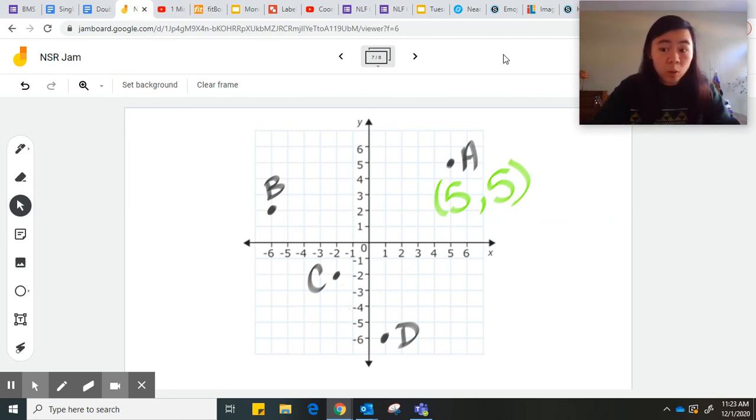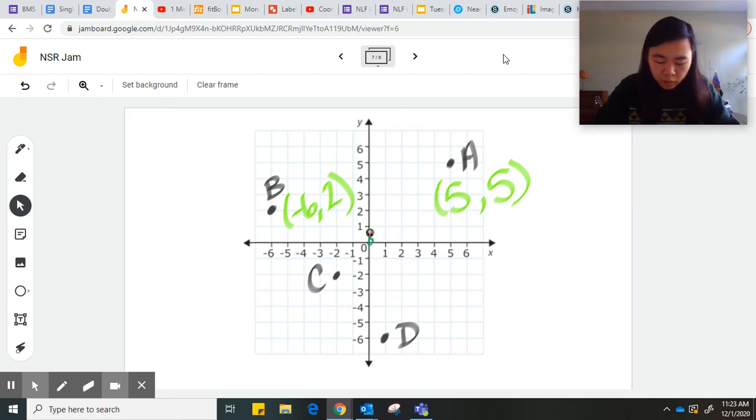Okay, point B in quadrant 2. You start at 0, and this time I got to go left, so it's going to be -6 and then up 2. So point B is at -6, 2. Point C in quadrant 3.